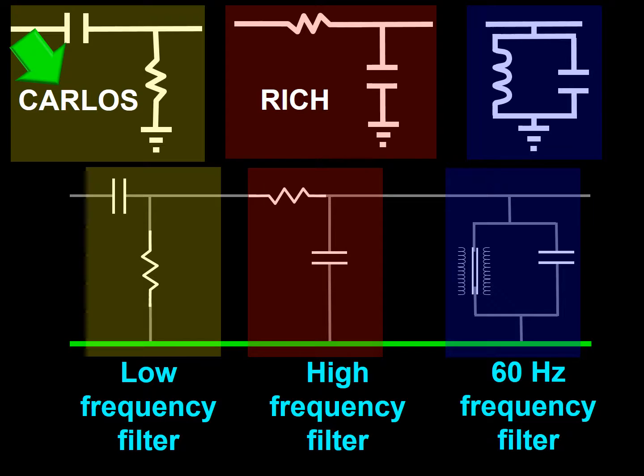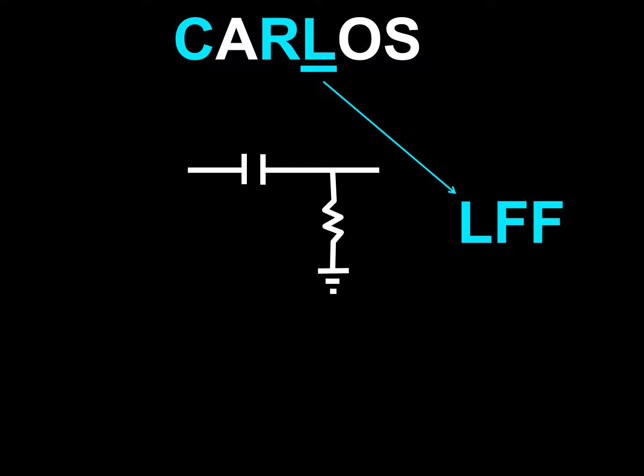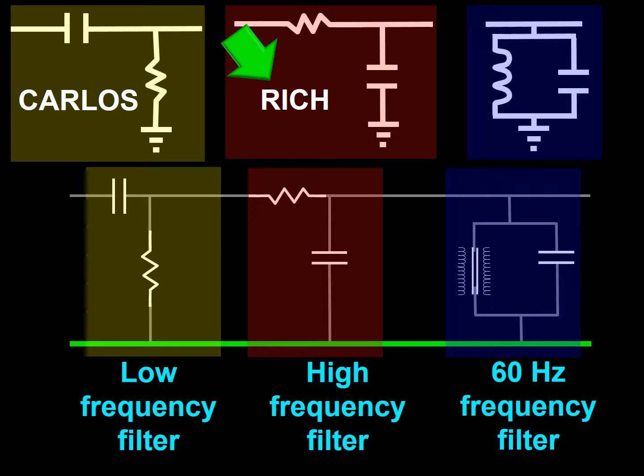The order of the letter in Carlos is the key for the mnemonic for low frequency filters. In a low frequency filter, the capacitor makes contact with electricity first, and the resistor is the second element. The order of the letters in Rich is also the key for the mnemotechnic rule for high frequency filters.